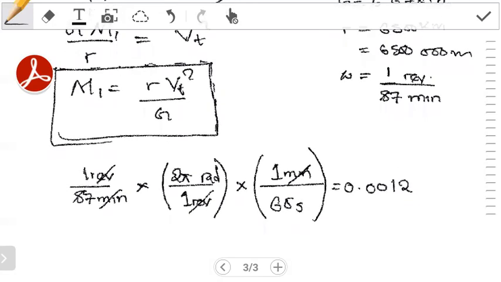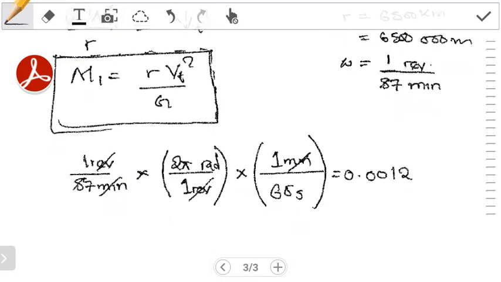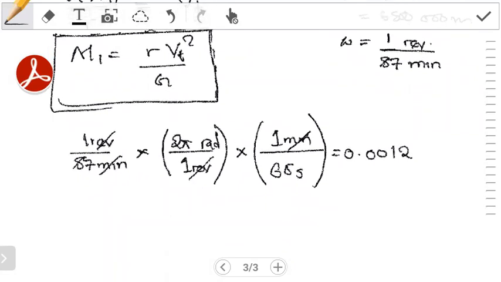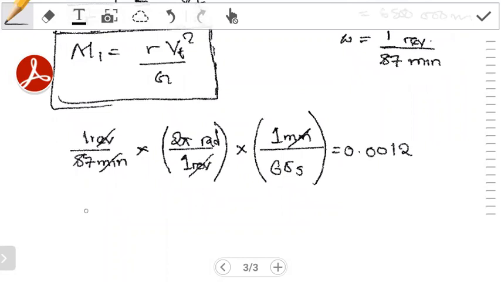Now to work out our mass, M1, which is the mass of the Earth, it's going to be equivalent to the radius, 6,500,000, multiplied by VT squared.